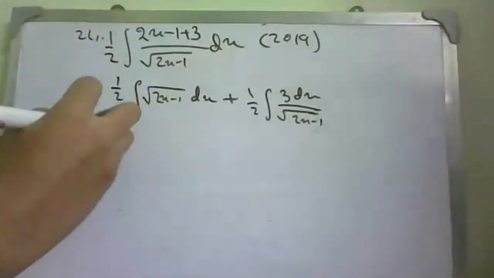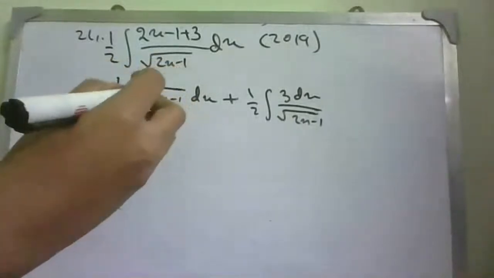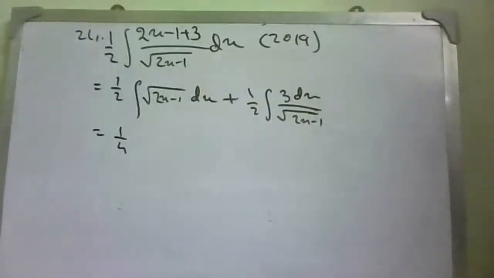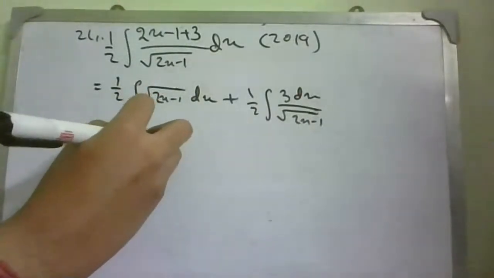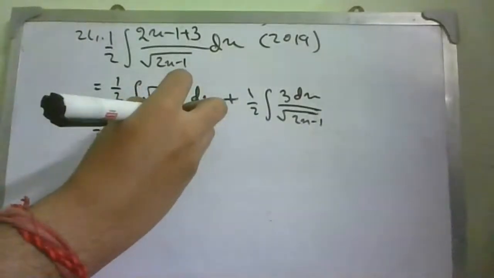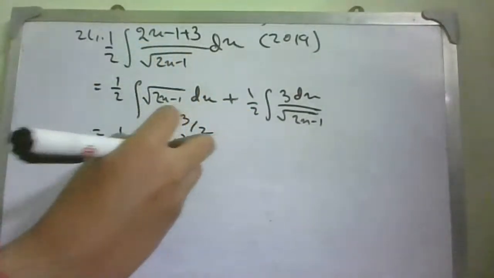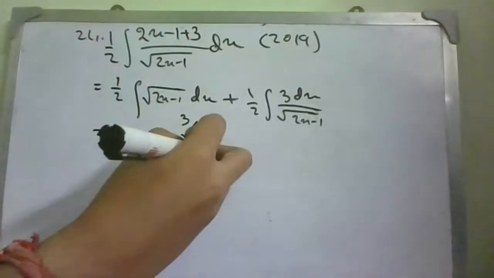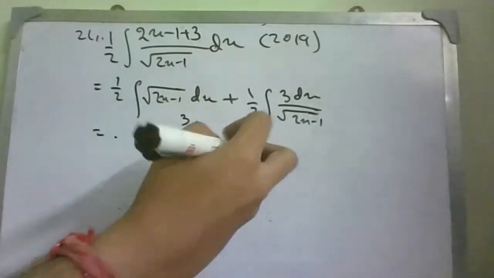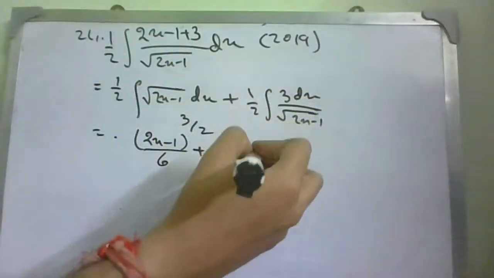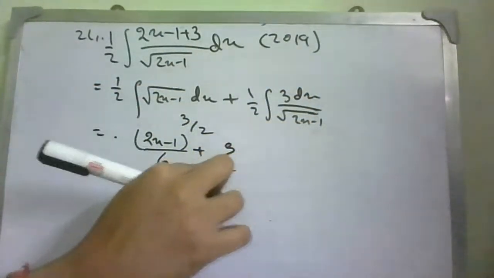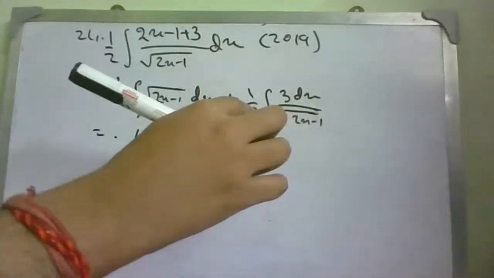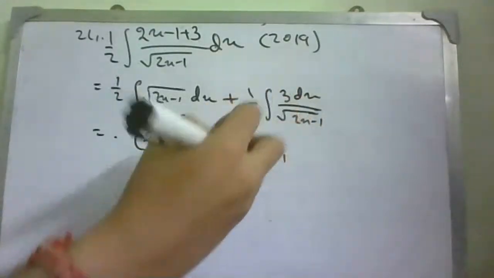Okay, so this is nothing but, we assume that 2x is there, so 1 by 4, and integration of this is 3 by 2, 2x minus 1 to the power of 3 by 2, over 3 by 2, plus 3 by 2 minus half is basically, and actually it is 4, that should be 4.